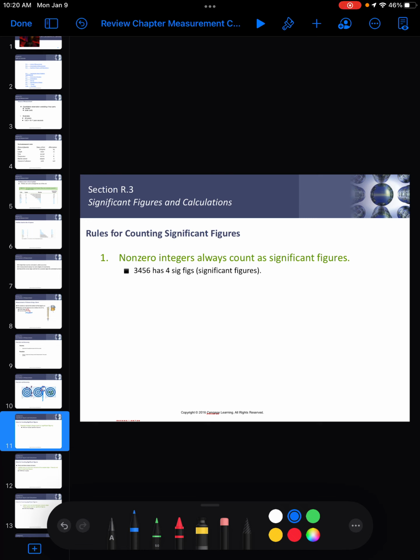We call that calculator vomit. If you started out with 2 3-digit numbers, you can only report the first three numbers, not all that other stuff. It is not significant.